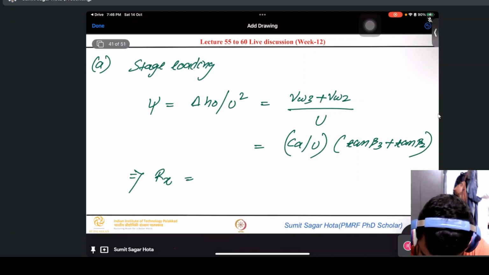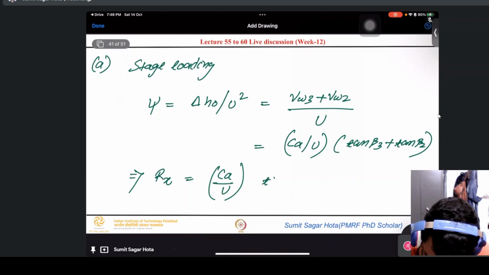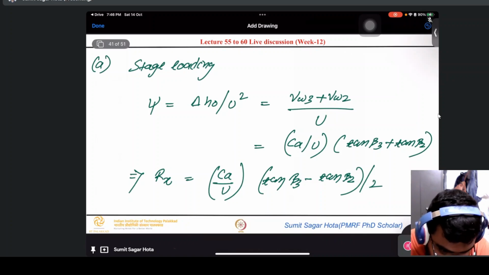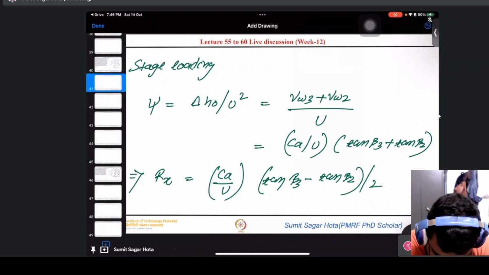What is Rx? Ca by U (tan beta 3 minus tan beta 2) divided by 2. Now I have to simplify this equation.